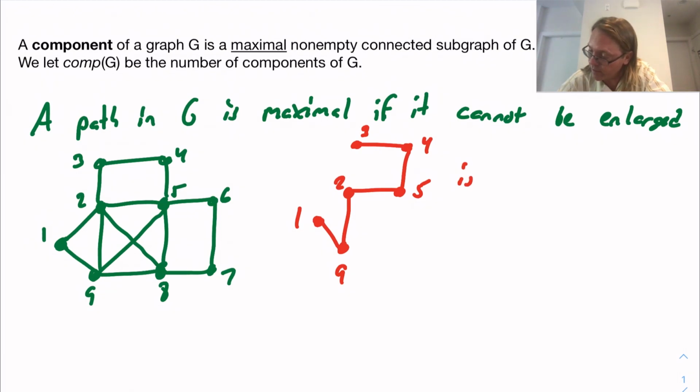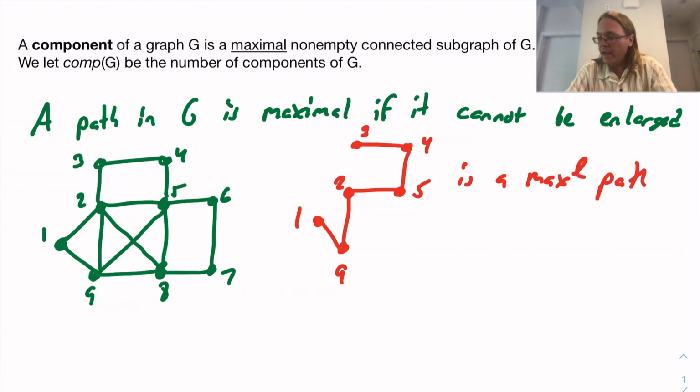This is a maximal path. Now, this is not the longest path you can find in this graph. It's very easy to make a longer one. Let me show you another one.